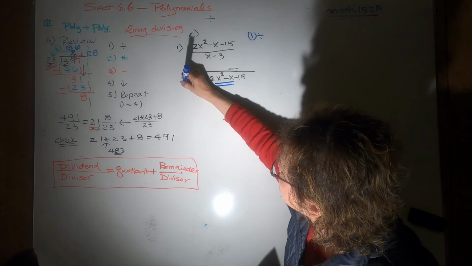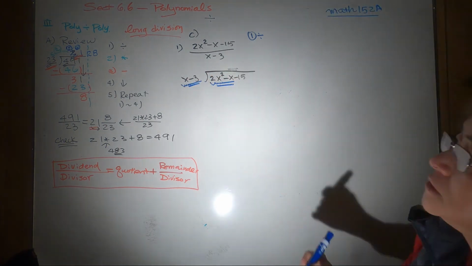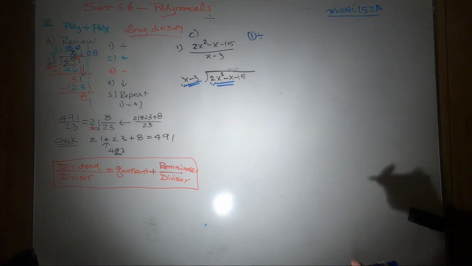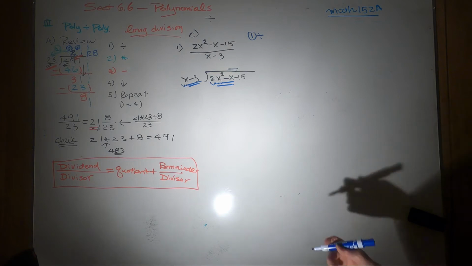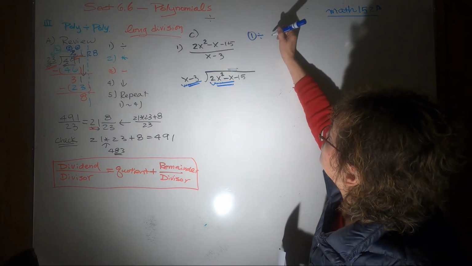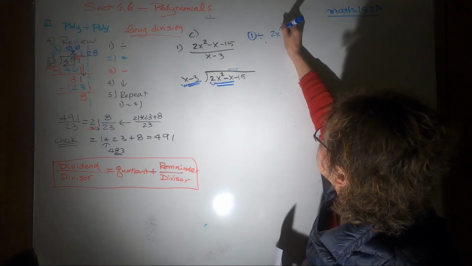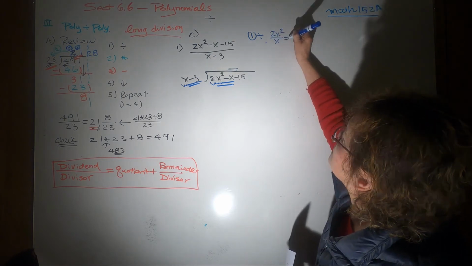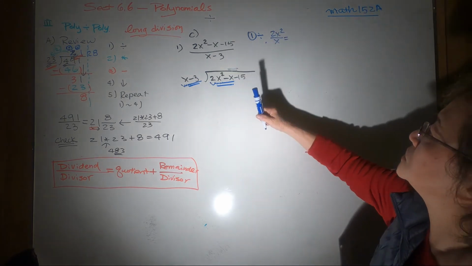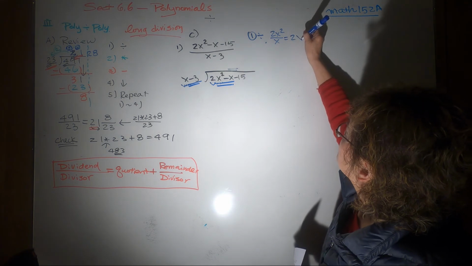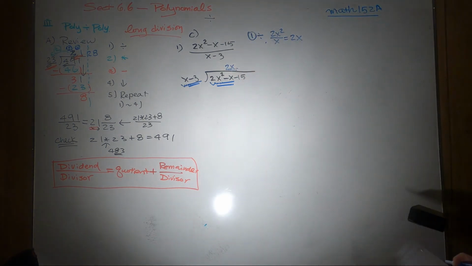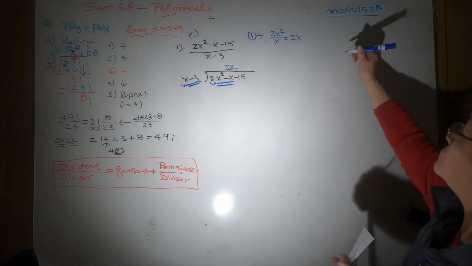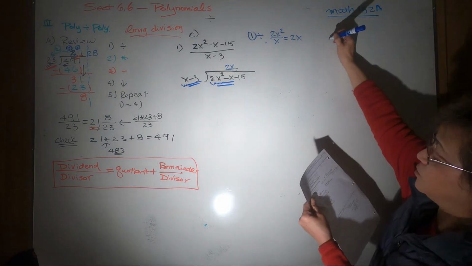So you can only compare the first term to the first term to decide your quotient. You do 2x squared divided by x, which is 2x. So you will write it here.